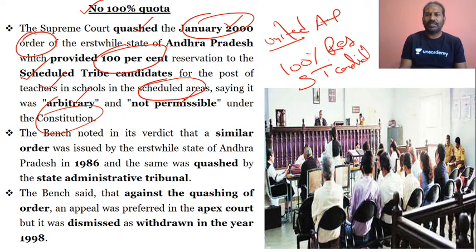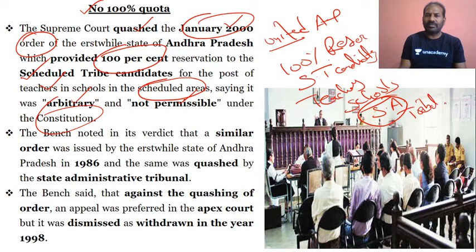Please do understand, this was providing 100% reservation for the scheduled tribe candidates who were applying for the post of teachers in the schools, again in the scheduled areas. When we are talking about scheduled areas, again in the tribal area, please understand this is very important for analytical prelims and also mains point of view.